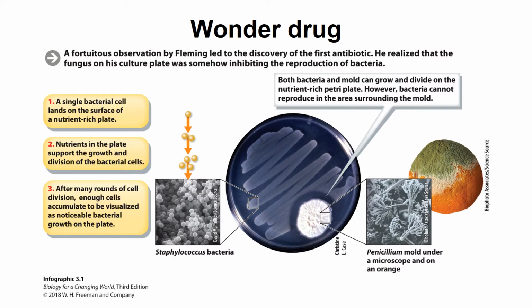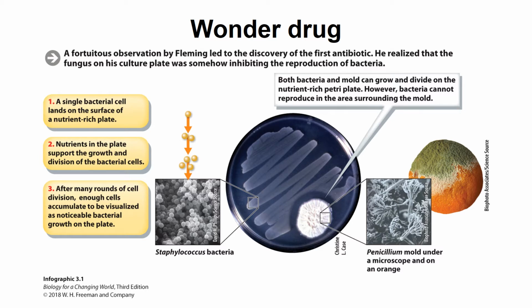He was very frustrated, and the story goes that he was about to throw all those dishes away. And when he was about to throw away the last petri dish, he noticed something very interesting. In this particular petri dish, you see a round white thing, and that is basically penicillin.